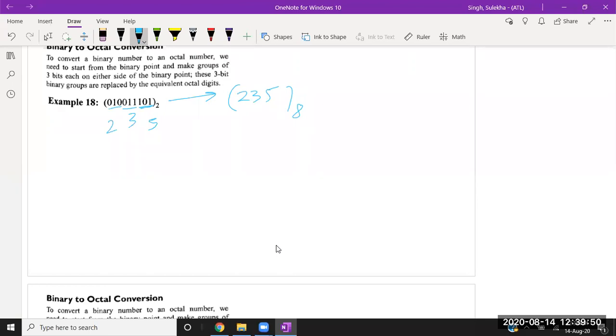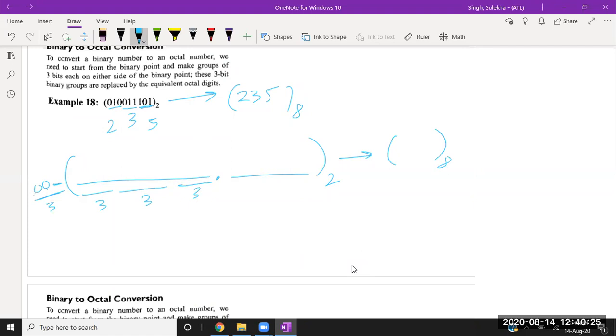Okay, so whenever you have any number, decimal, any number in base 2, and if you want to convert in base 8, make a pairing of 3 3. Three numbers from here, three numbers from there, and at the end if you are getting some 1 or 2 numbers, suppose you are getting one number at the end, you need to make up this number by adding 0 0 at the end and make it as a pair of 3.